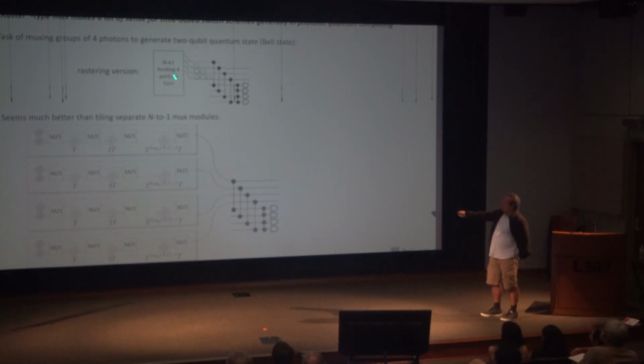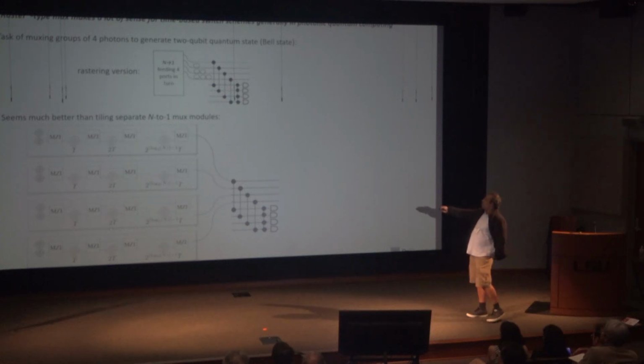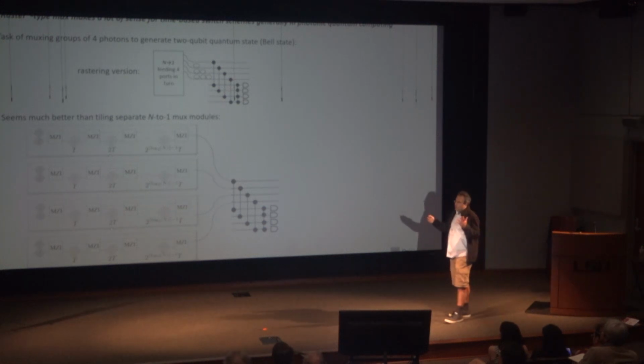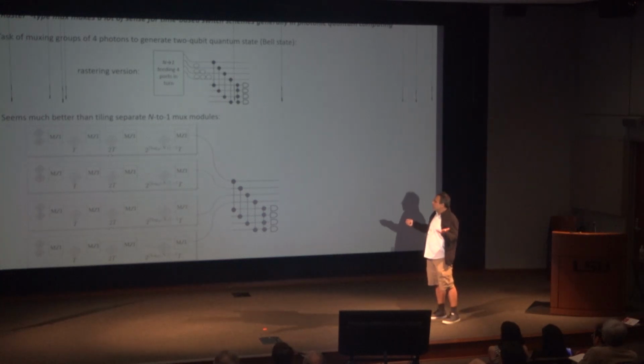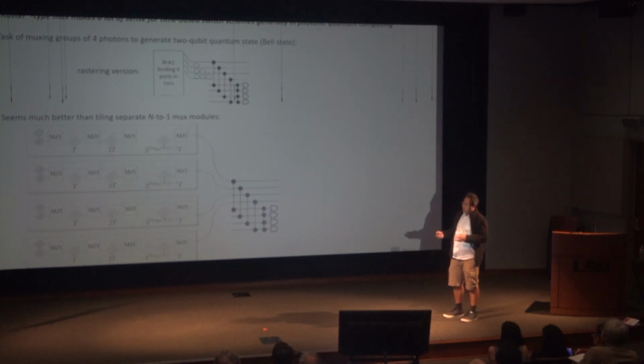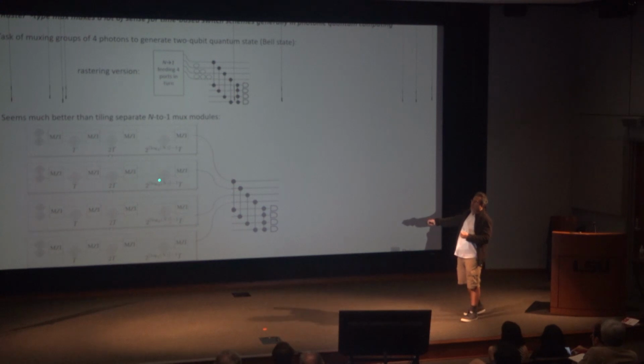Another application of this rastering time multiplexing is very useful here. There have been many very impressive experiments in the last 10, 15 years of single photon multiplexers. But the naive thing to do would be to take one of these experiments and say, okay, I have a way of multiplexing 4 photons into a Bell state generator.